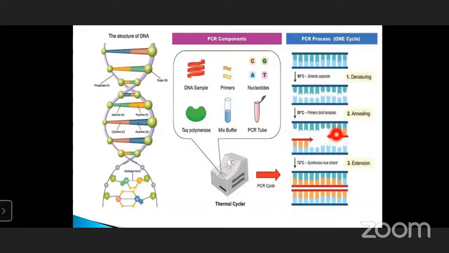The second step is annealing. Annealing means oligonucleotide primer is used to polymerize the DNA molecule. And the third step is extension. Extension means the desirable DNA segment or desirable genes are extended through a polynucleotide chain with the help of oligonucleotide primer and Taq DNA polymerase enzyme.